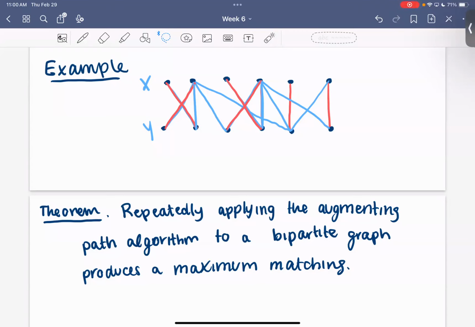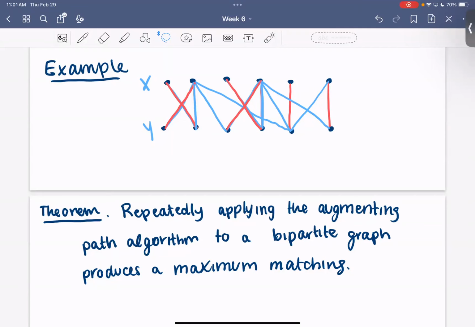Did you all finish or do you want more time? Did anyone find a different matching than this one?